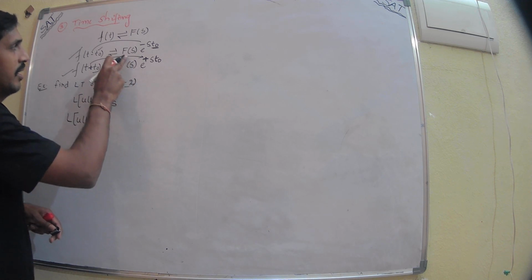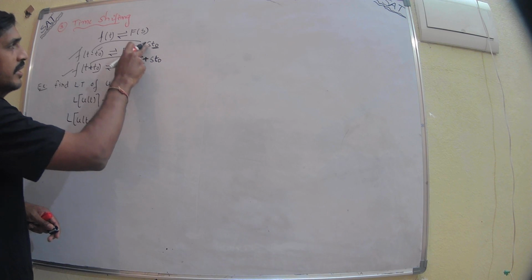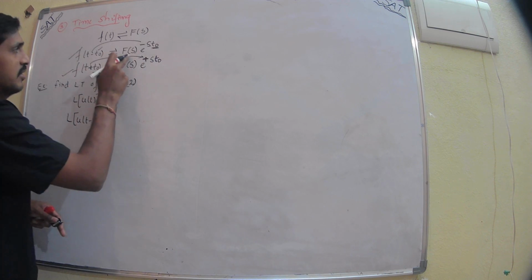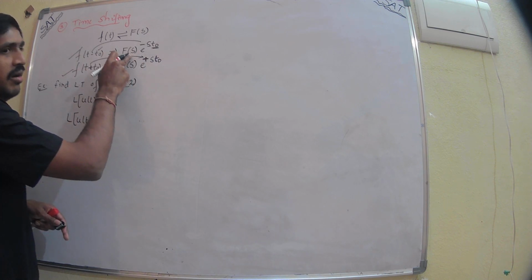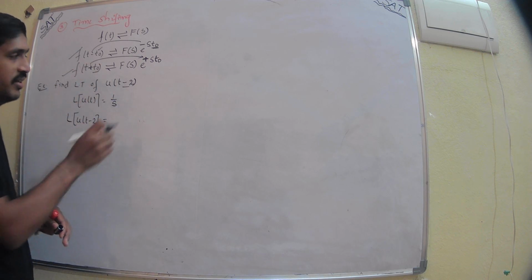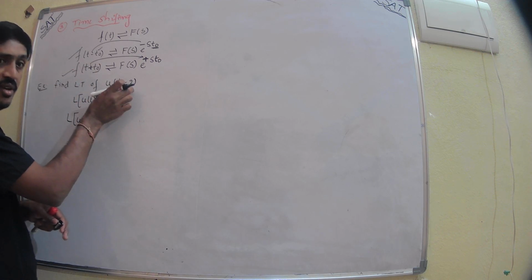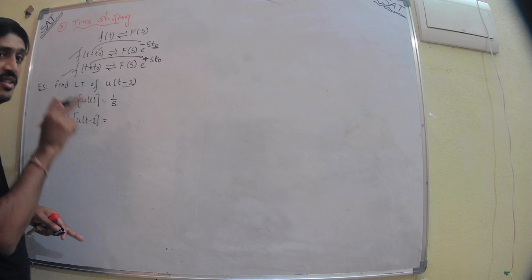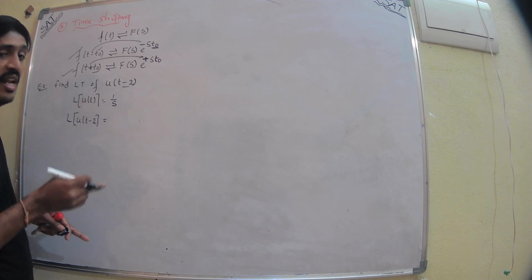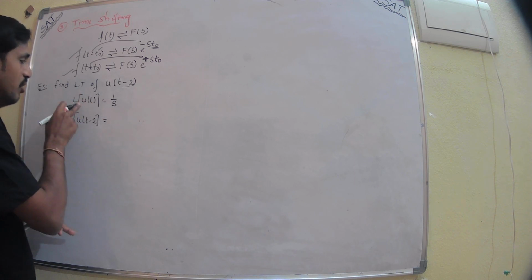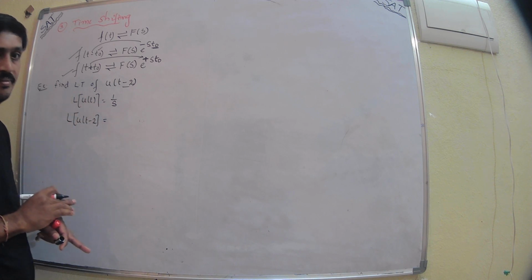So we can apply the formula F of s e power minus s t naught. Here F of s is the Laplace transform of u of t, because it is a time shifted version of u of t function. So f of t is equal to u of t, and the Laplace transform of u of t is equal to 1 by s.